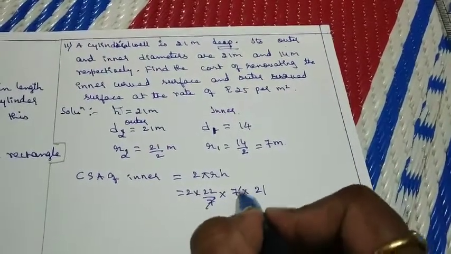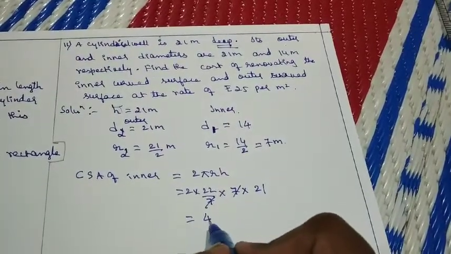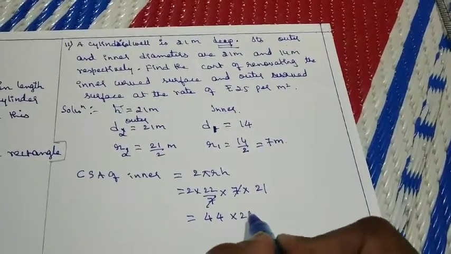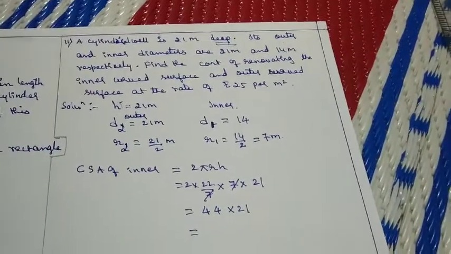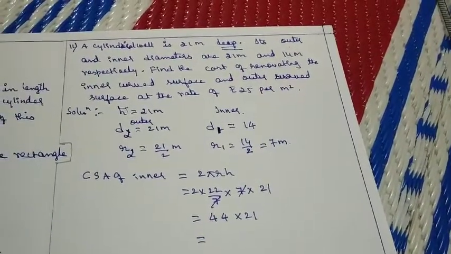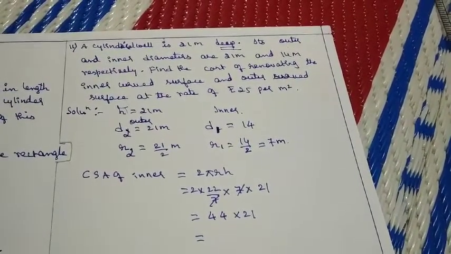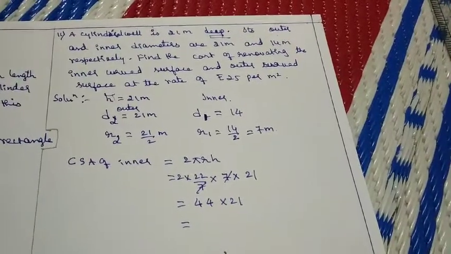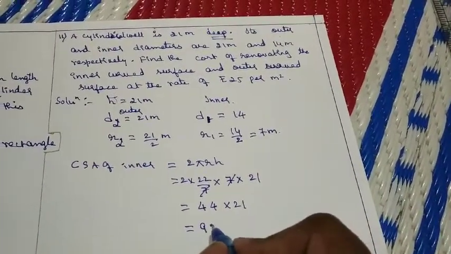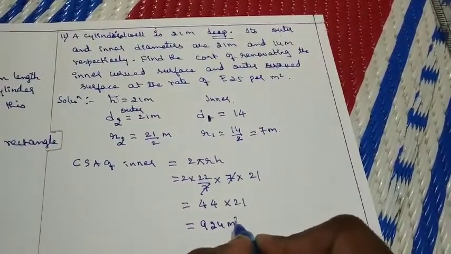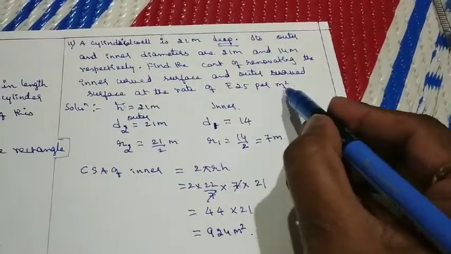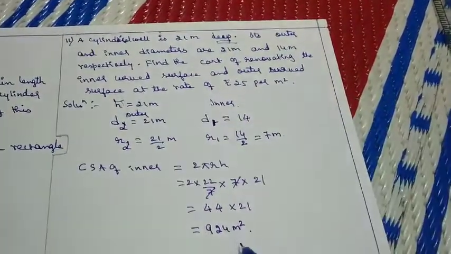Then 7 gets cancelled. 22 2s are 44 into 21. Now multiply and find what 44 into 21 is. So 44 into 21 is 924 meters square. And here the cost is given in meter square only, so we keep it in meters only.